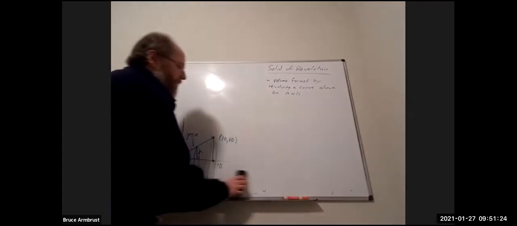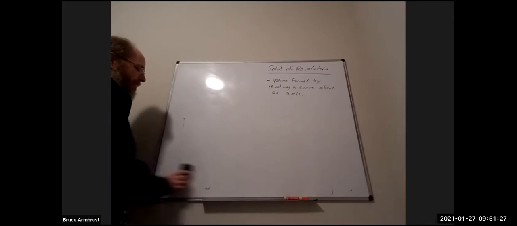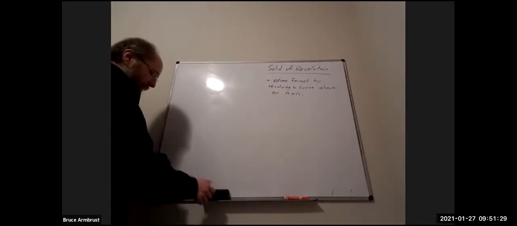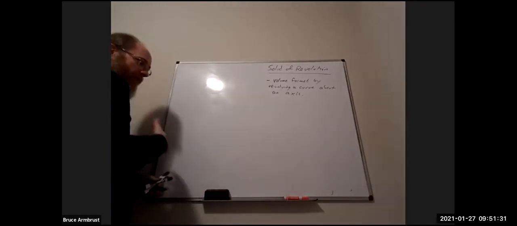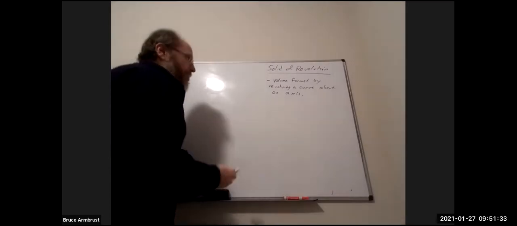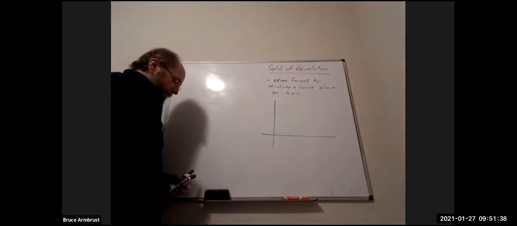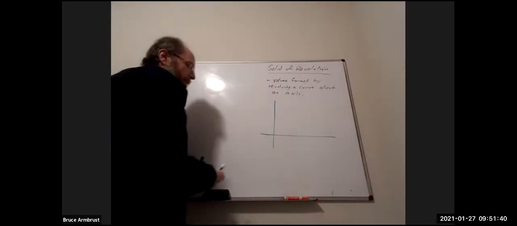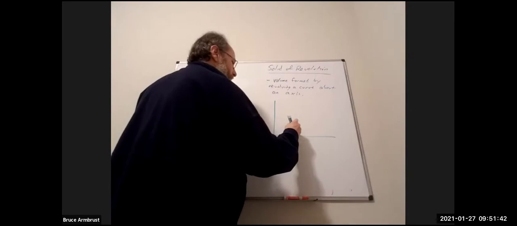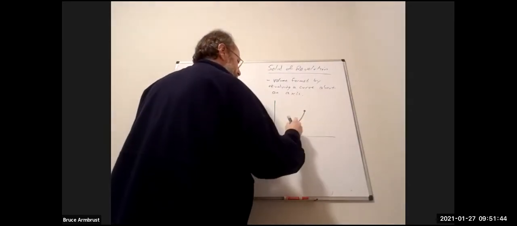All right, so let me show you a generic solid of revolution so that we can talk about how we build the integral to find the volume. So here are some coordinate axes, and let's just take a curve of some type, say this guy right here.